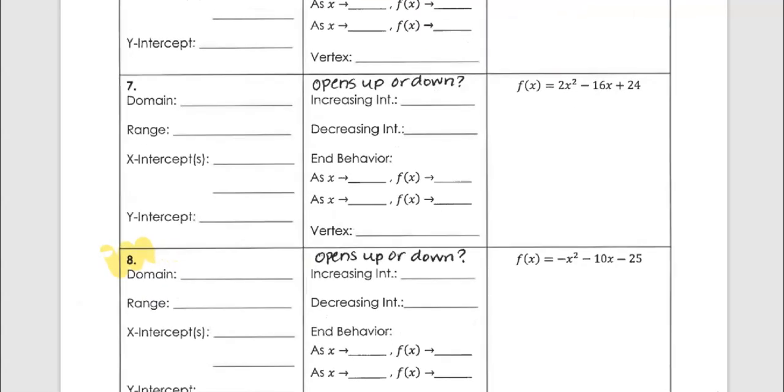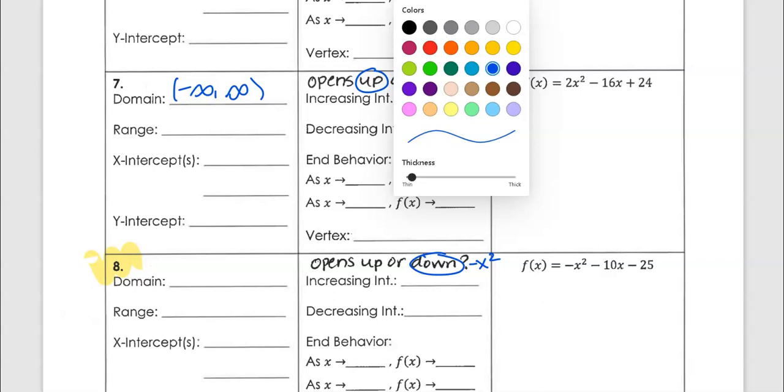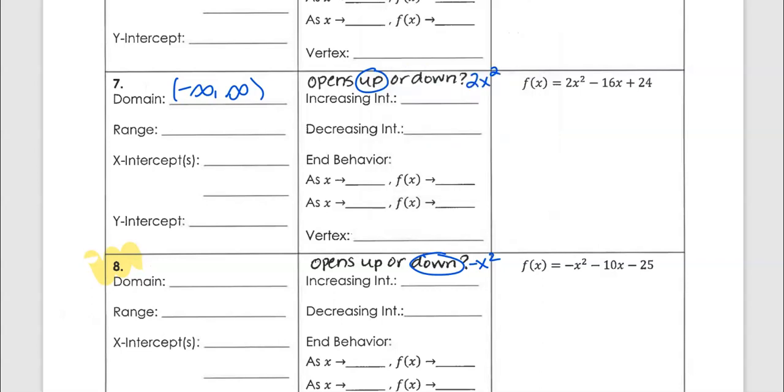First things first with number 7. I don't have to look at the equation to know my domain. It's going to be what? There you go. Yep, negative infinity to infinity. I heard someone over here say it's going to open up. We know that because it's a positive 2x squared. You remember, you can go ahead and say this is down. We just talked about it because you're negative. All right, I can pull out my y-intercept. Where's that going to be? 24.